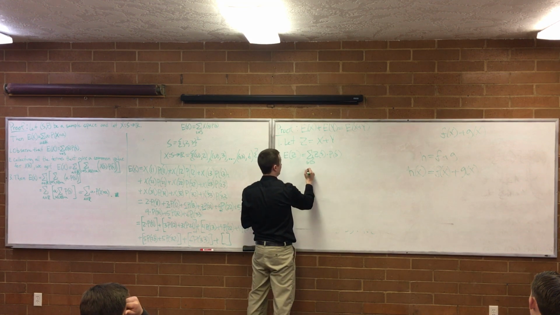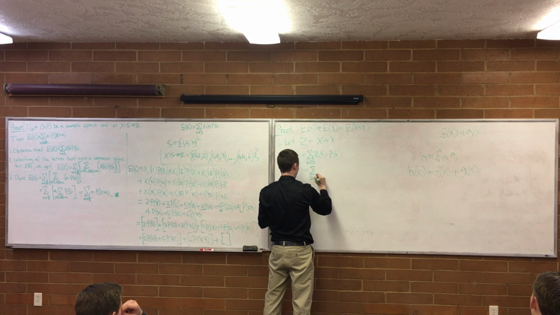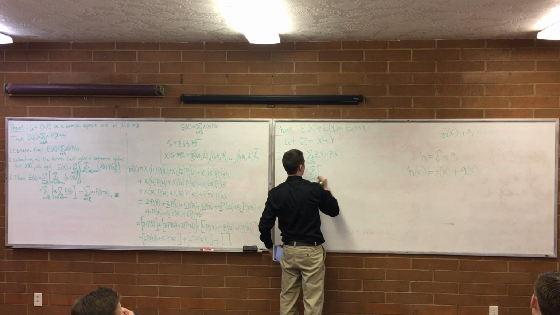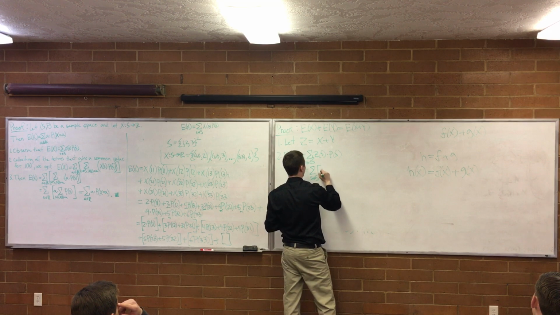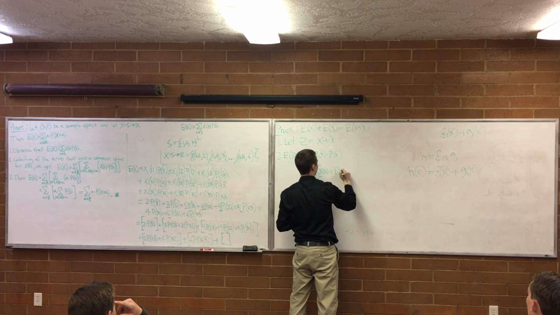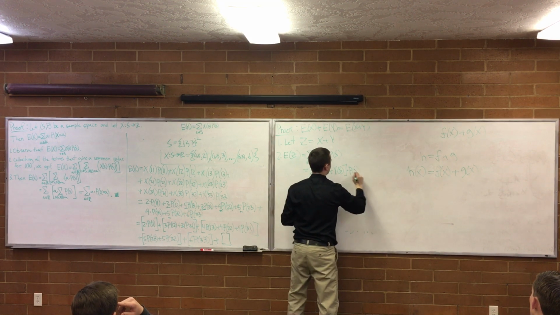Which is going to equal the sum for all little s in S of X of s plus Y of s times P of s.